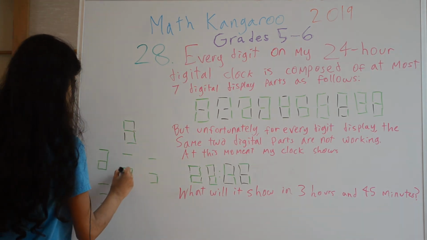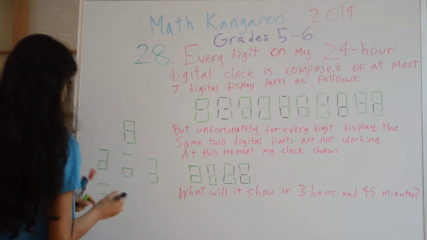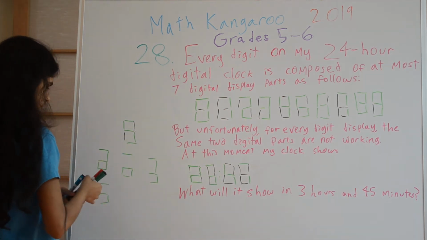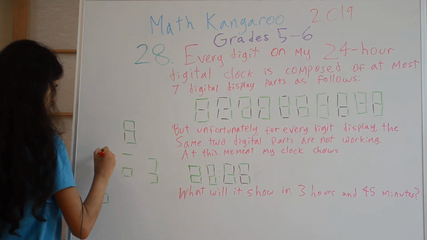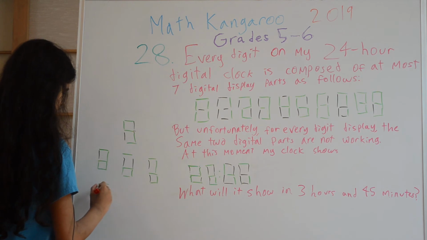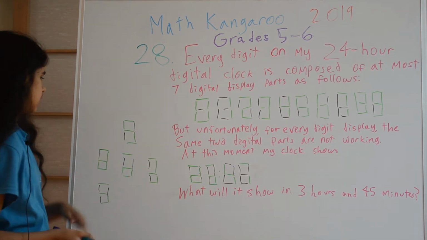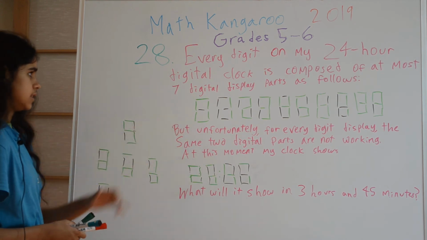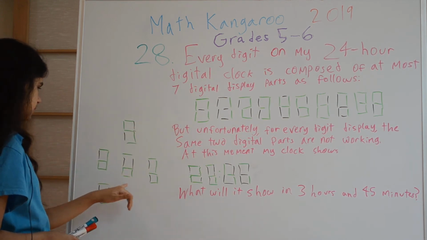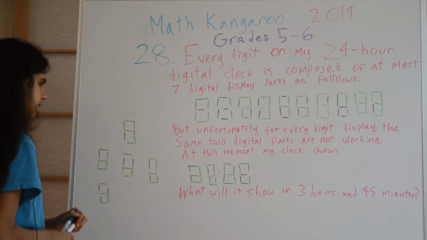We could add just this one, and we could add just this one, or we could add none. And then the rest here would be black. So again, we can compare these 4 numbers to these, and we see that this one and this one have some parts that are detached.